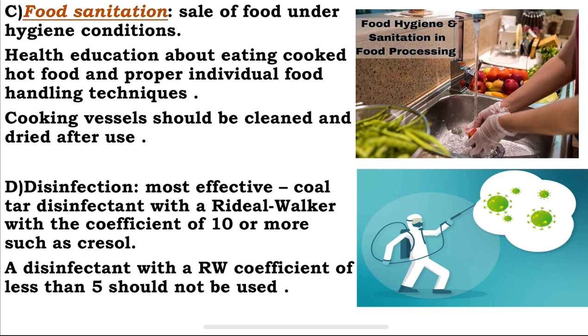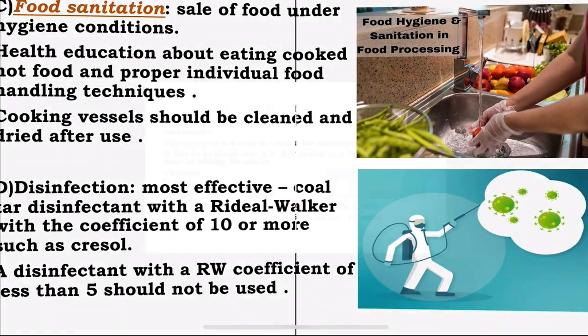A disinfectant with a Rideal-Walker coefficient of less than 5 should not be used. Okay, the coefficient should be 10 or more, and Cresol is one example given here. But a disinfectant where the coefficient is less than 5 should not be used.